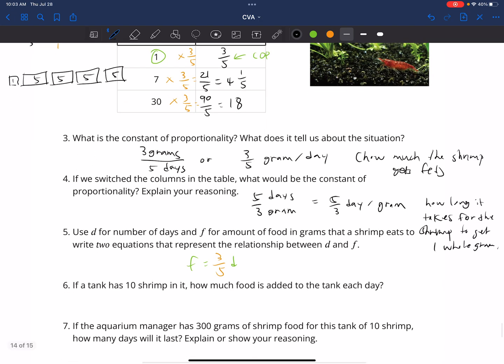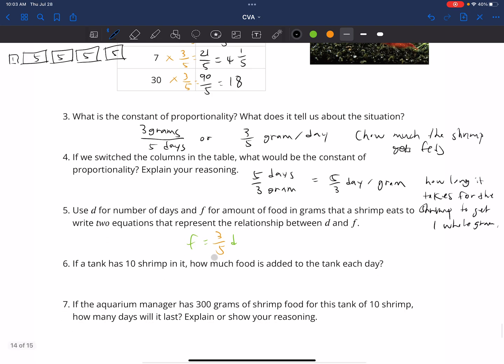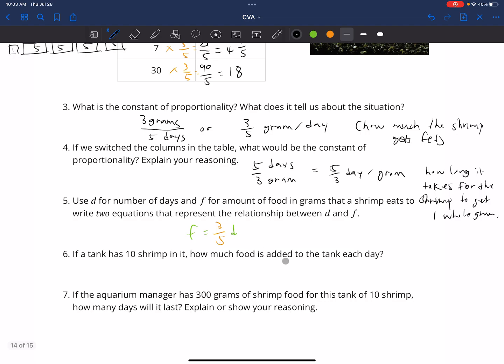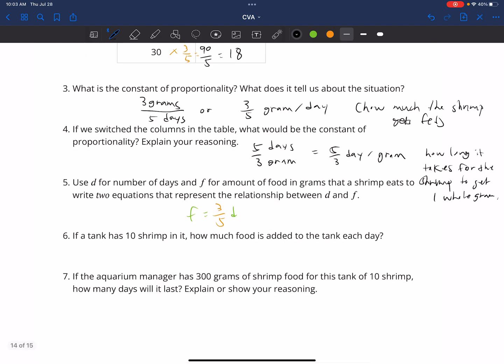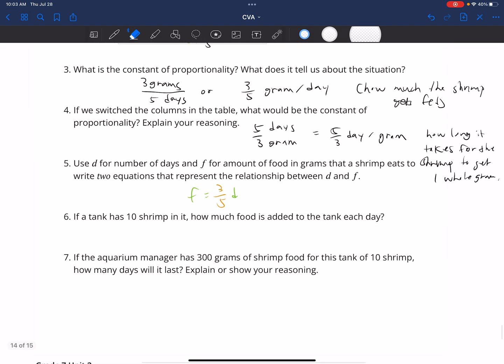Okay. So if the tank has 10 shrimps in it, how much food is added to the tank each day? Okay. So now this 3/5 is per day, right? Or per shrimp. Man, these guys are making it super hard. They're like, we're not gonna make your life easier for you. We're gonna make it as hard as possible.